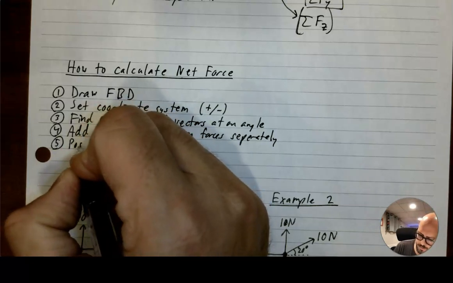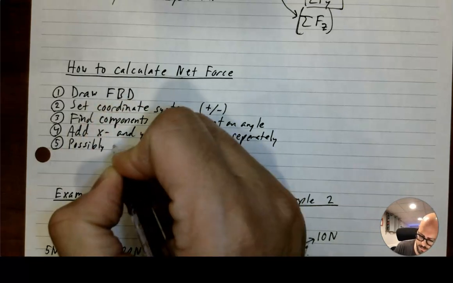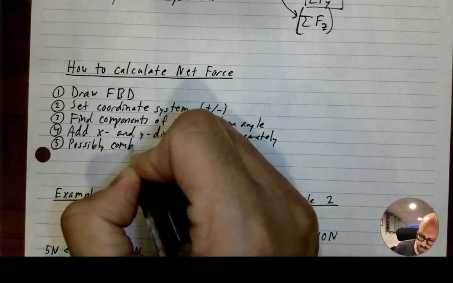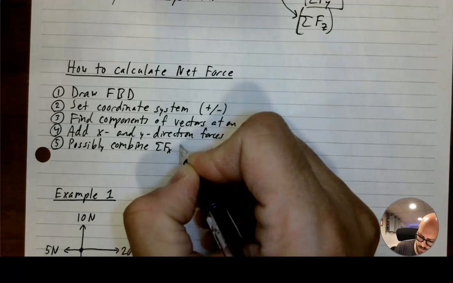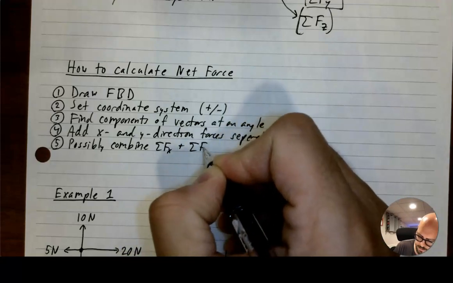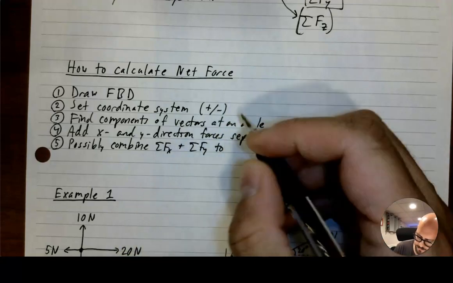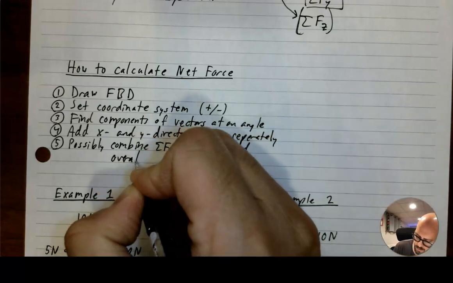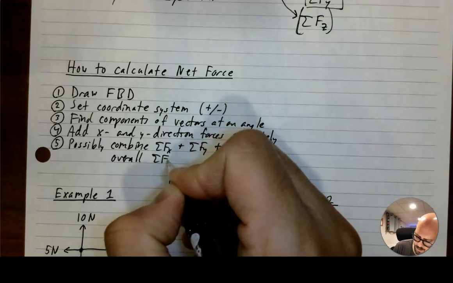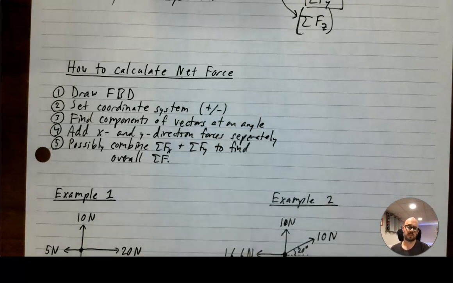The last one is possibly to combine the net force in the x direction and the net force in the y direction to find the overall net force. This doesn't pop up too much in AP Physics 1, but you want to be ready for it. So I'll explain all of those steps in just a minute.